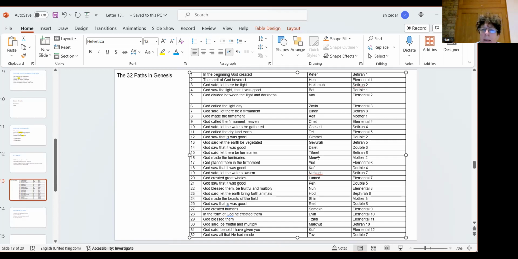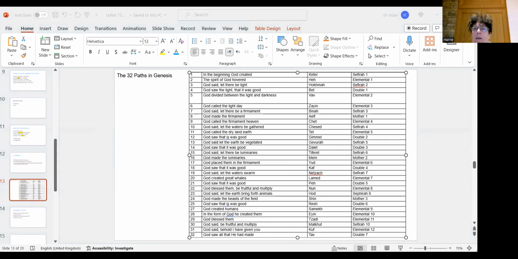So mem is up here, the 16th, but the 22 letters and the 10 sephirot are each given a different sentence in creation. And that's a very Sefer Yetzirah way and a Kabbalistic way that they link the two together somehow.